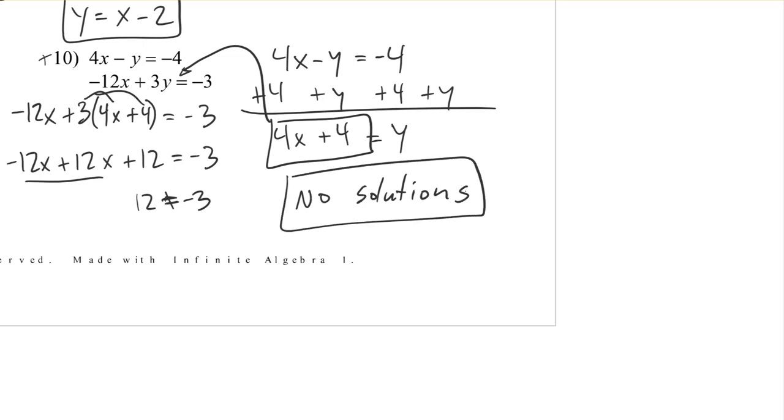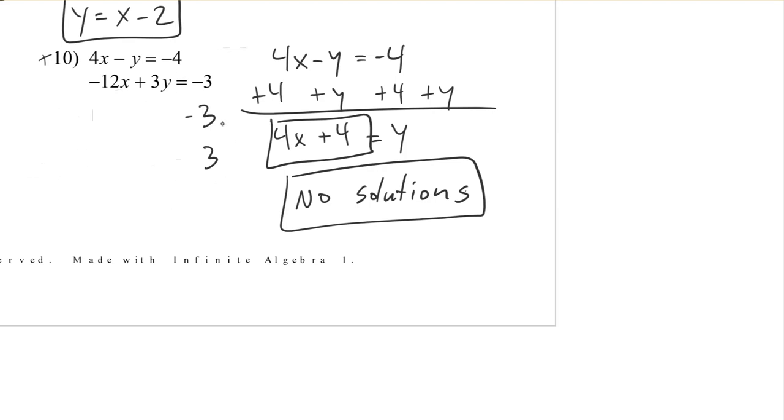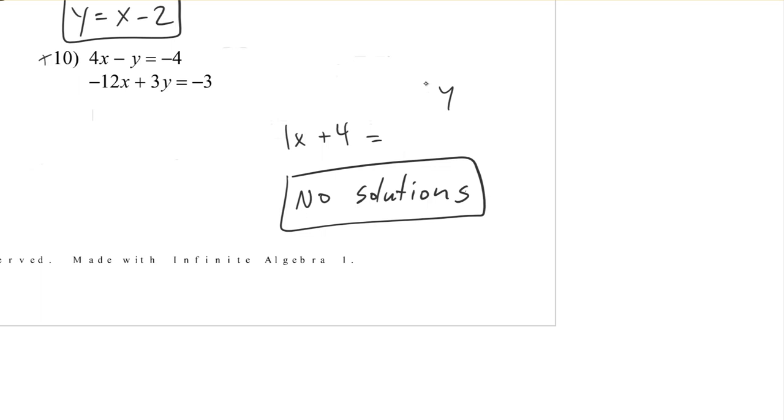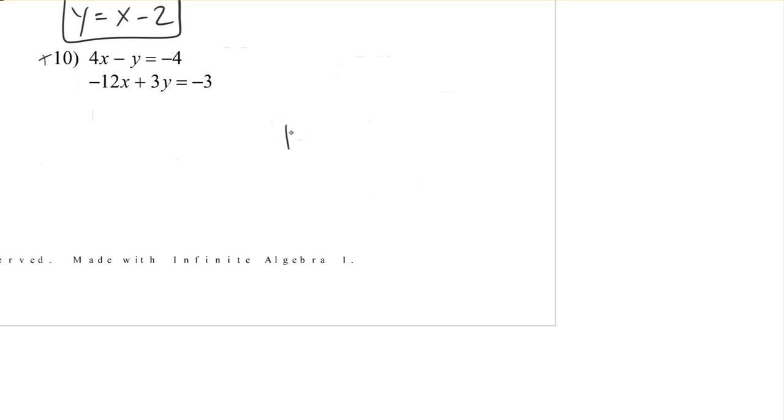Okay, now I'll prove that to you here. We can prove that by taking our equations and solving them for y, and if we have no solutions, that means we've got parallel lines, so we should have the same slope with different y-intercepts is what we're looking for here.